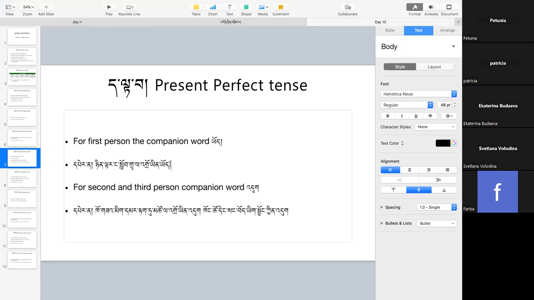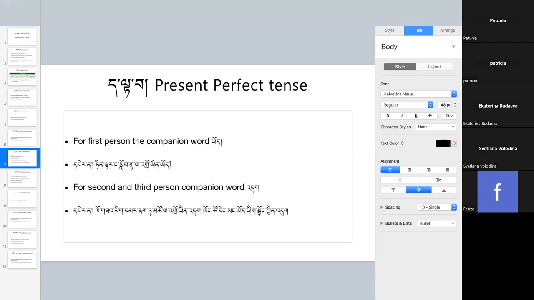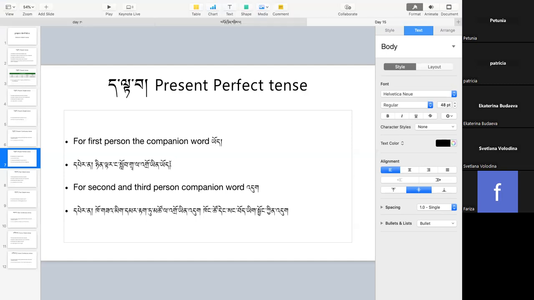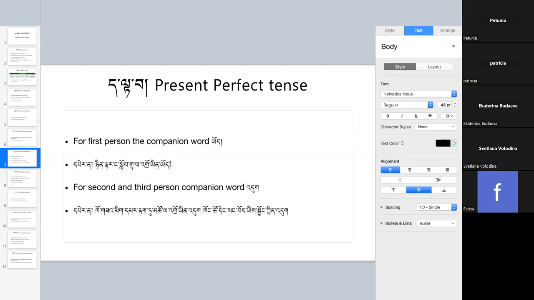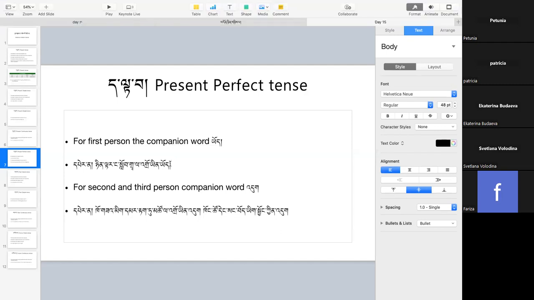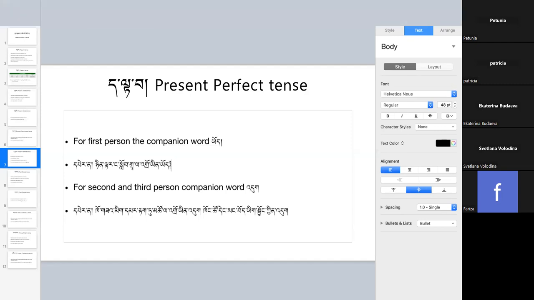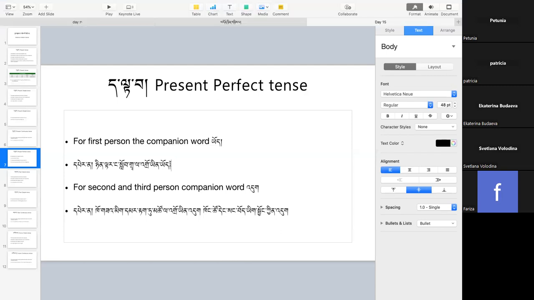So for present tense, different spelling. For past tense, different spelling. For future tense, different spelling. And then two types of imperatives, imperative command and imperative request, which have the same spelling. But the difference between the imperative command and the imperative request becomes the companion word.